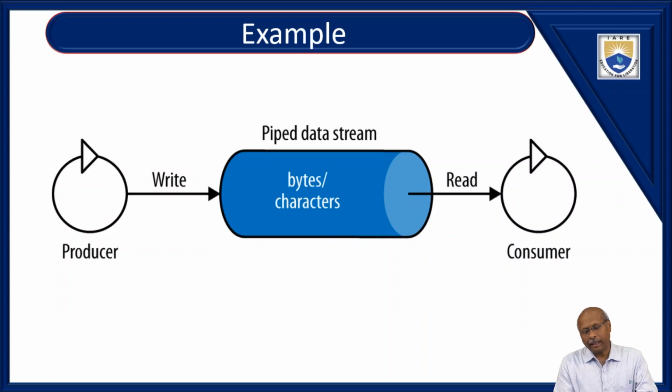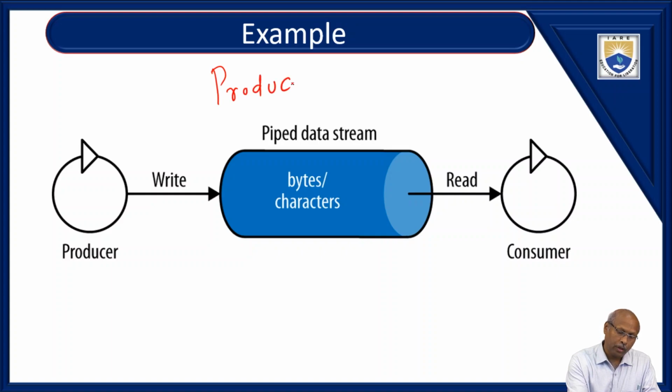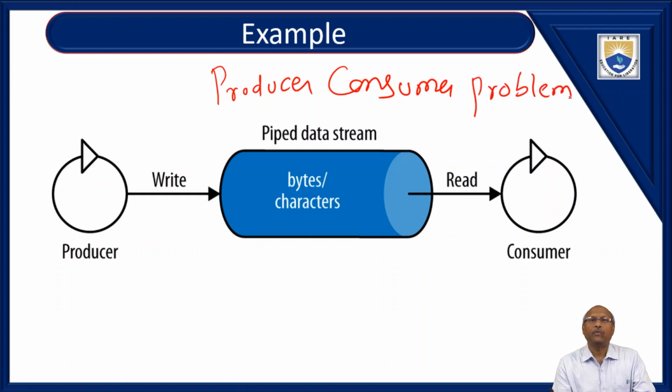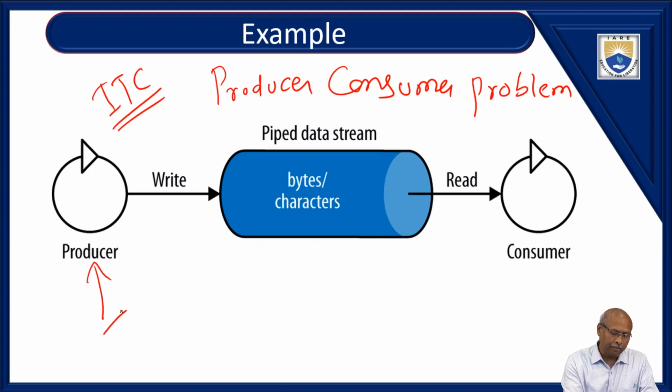Now, a typical problem is called the producer-consumer problem. This problem is the best example for inter-thread communication, ITC. The producer is one thread, the first thread.